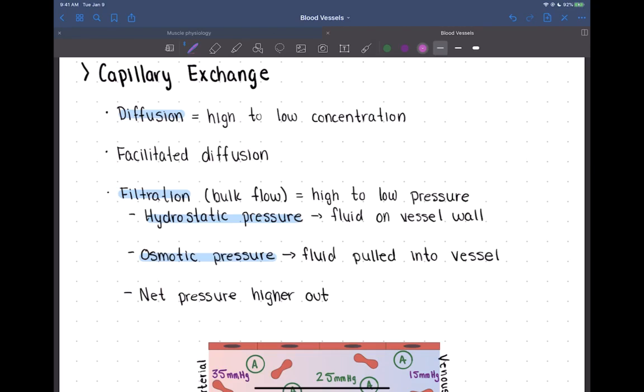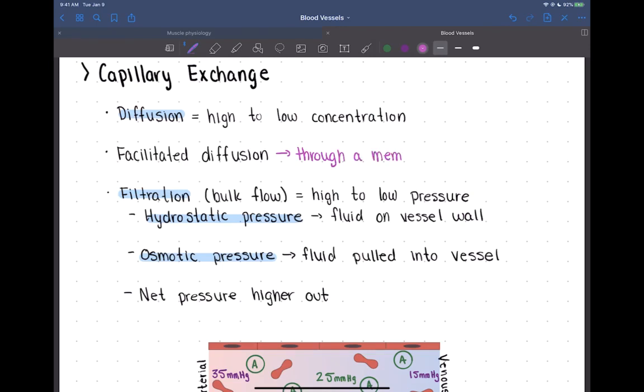So with skeletal muscle, right? When you're activating that skeletal muscle, the sodium ions are going to move from the high concentration on the outside of the cell during an action potential towards the inside of the cell. That's diffusion. And specifically, that would be an example of facilitated diffusion because that involves a membrane protein for that sodium to move through.